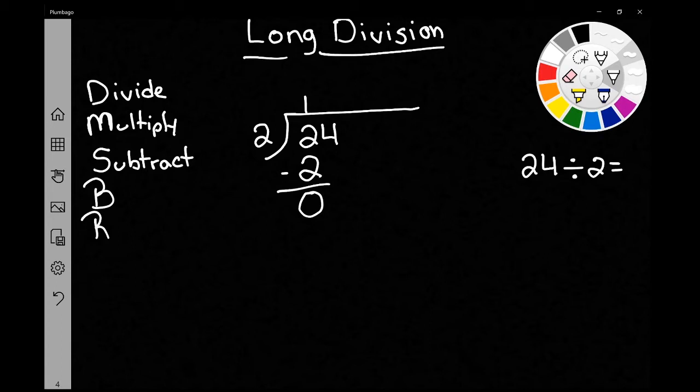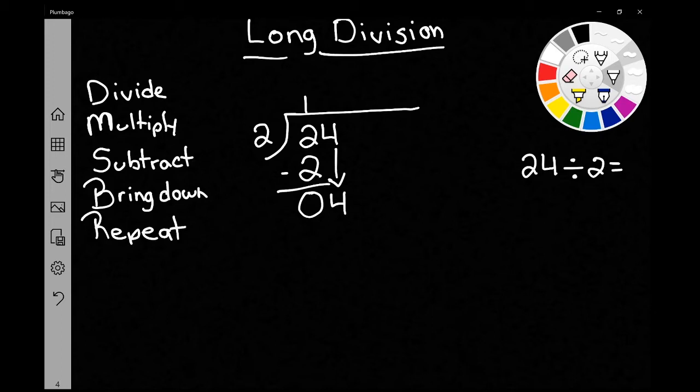Now my fourth step, because I'm not done, I still have another digit to work with, is to bring down. And I'm going to bring this 4 down right beside my answer down here. And my last step is repeat.